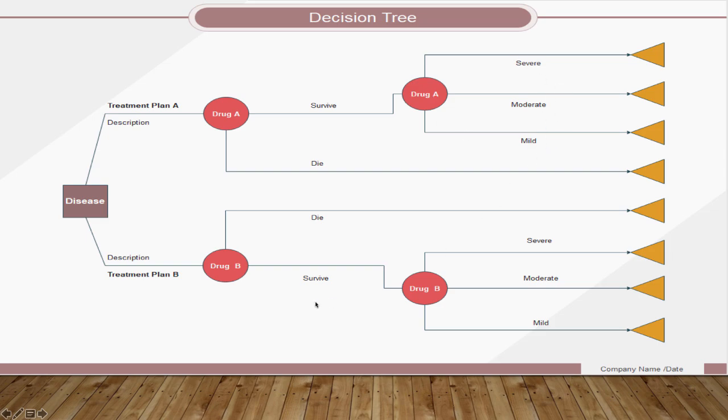Maybe what are the side effects here? Same thing with drug B. So I've got these chances. I've got a decision to make, and when I make this decision and go with plan B, I've got a chance that my patient may die or may survive. If they survive, what are the side effects to that drug?